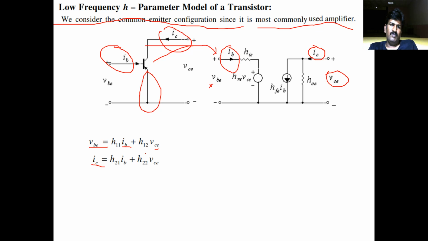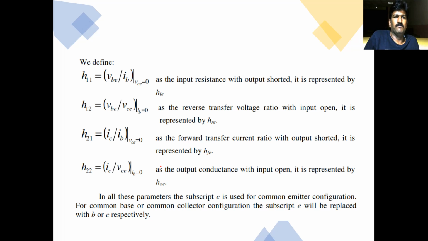Now you can write VBE is equal to H11 IB plus H12 VCE, and IC is equal to H21 IB plus H22 VCE. Now you have to determine what H11, H12, H21, H22 are. H11 is nothing but VBE divided by IB, where VCE is 0.